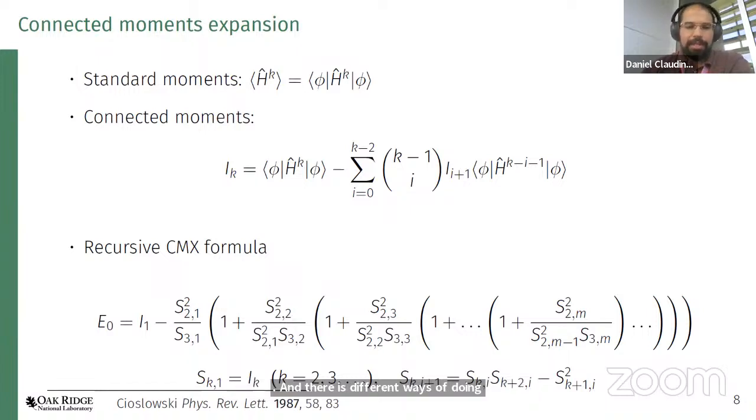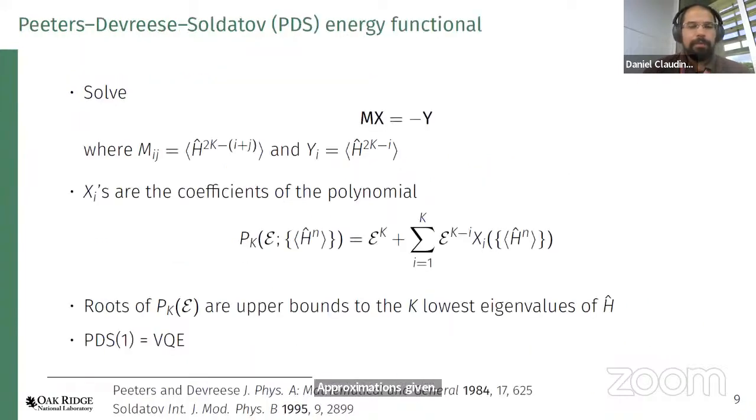This is the recursive way, which has a closed form, and there's a way to tabulate all the approximations given different orders.